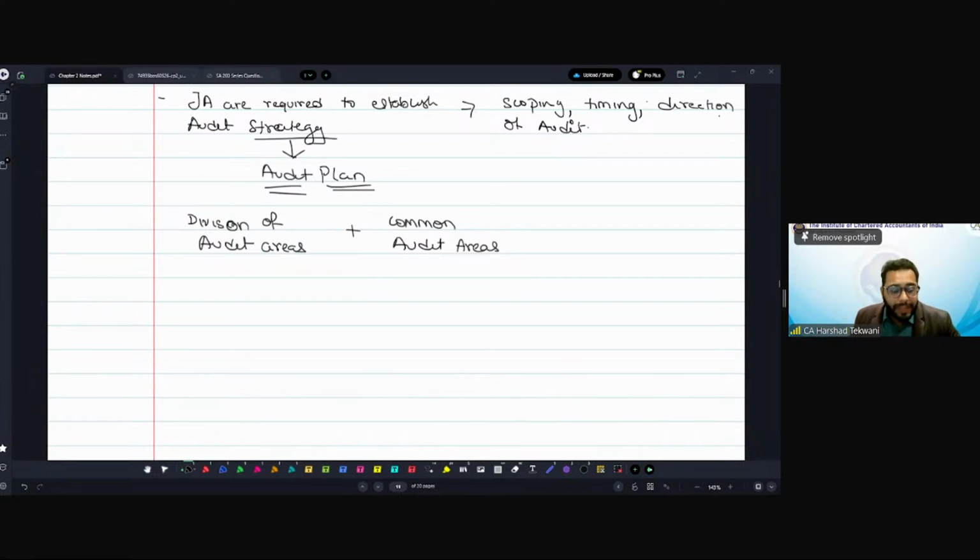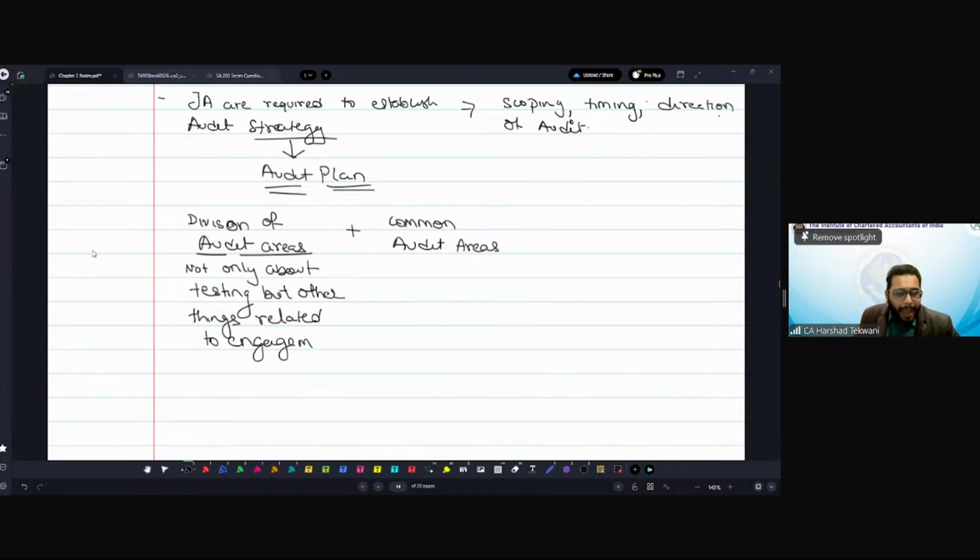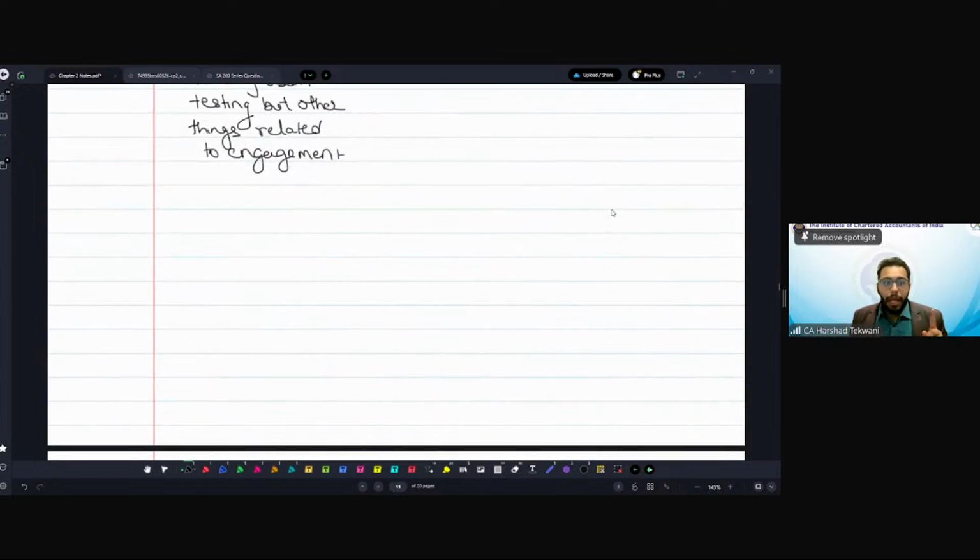Division of the areas is not only about testing, but other things related to the engagement. As a result, both of the joint auditors have to ascertain the reporting objectives, who will report what, so that partial reporting is not done.